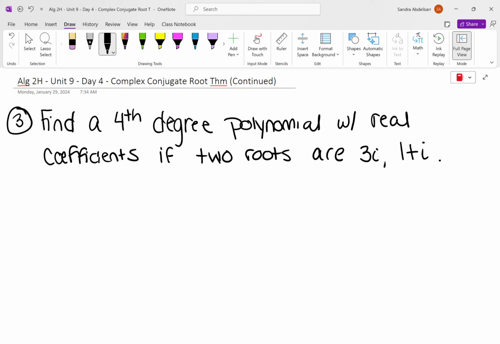Now, if it's a 4th degree polynomial, how many roots should there be? 4 roots, exactly. If it's a 4th degree polynomial, that means our biggest exponent is 4, which means we should have 4 roots. I have given you 2 out of the 4, but these 2 roots are both imaginary. So what does that mean we know?